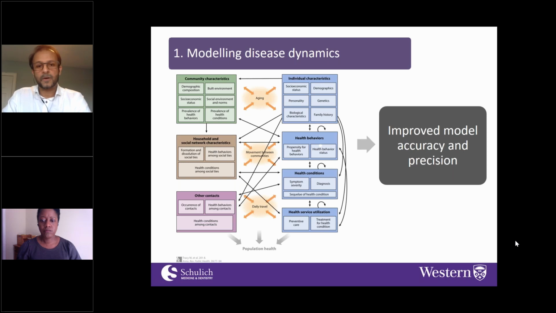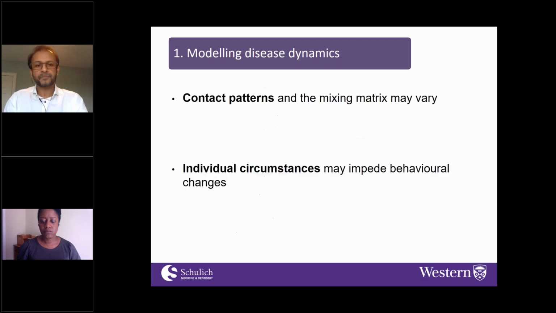Because of these differences, unless we take into account all this variability in individual behavior and the social conditions that they live in, we will not be able to produce accurate and precise estimates. So a number of guidelines focus on social factors with the primary motivation of improving model accuracy and precision. And this is the predominant thing that we noticed in most of these guidelines.